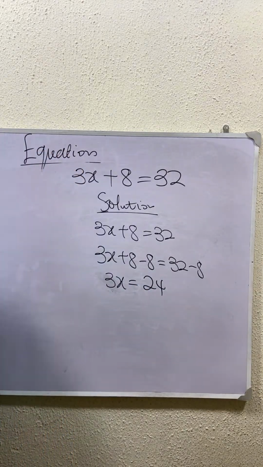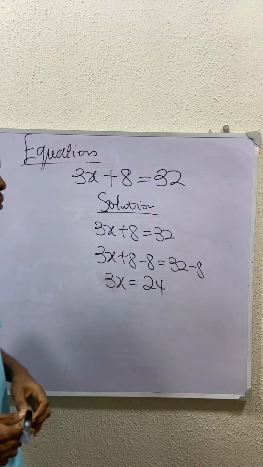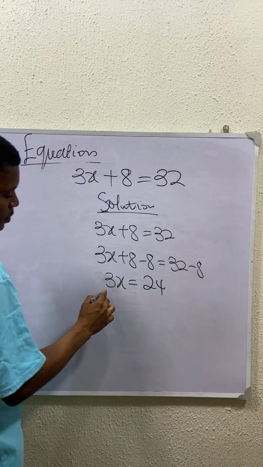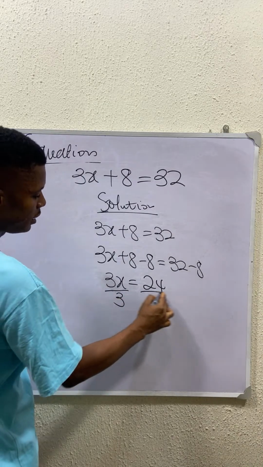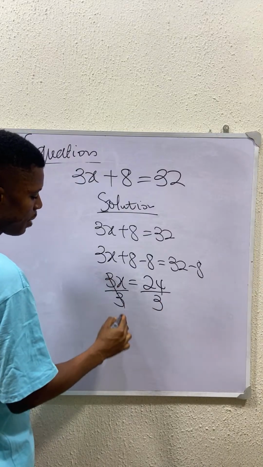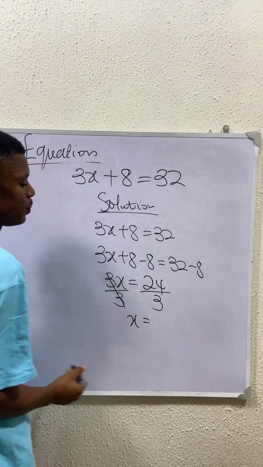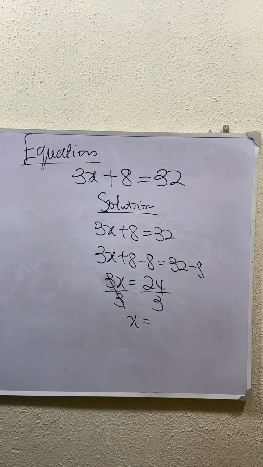So what do we do to get the value of x? To get the value of x, we divide here by 3 and divide here by 3. So x is equal to 24 divided by 3.